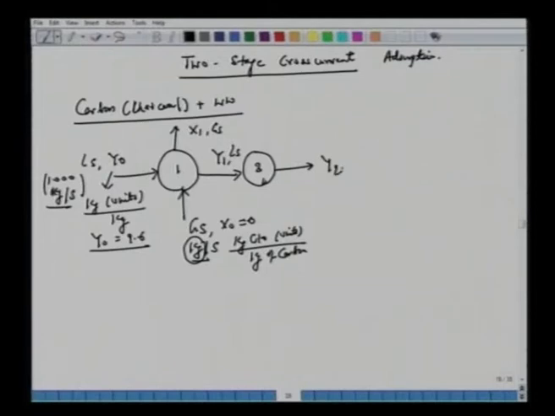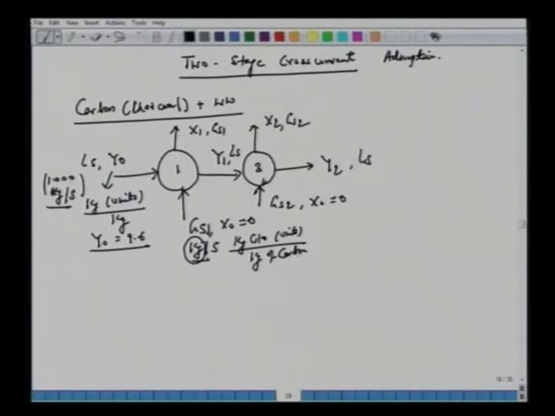So we are working on a solid free basis, and now we bring it in contact with some different GS; maybe you could put GS2, and we have GS1 here. This is also fresh carbon, and after this we have X2. The amount of solvent is Ls.